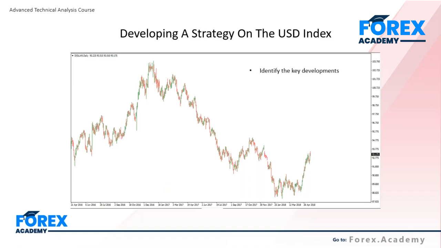Firstly, we identified the key developments, and we need to ask ourselves whether the trend was actually moving in a downward direction. We know that the market was moving down and it is currently moving up. In other words, has there been a trend reversal? If so, how have we established this? And therefore, what conclusions can we arrive at on the back of this particular chart?